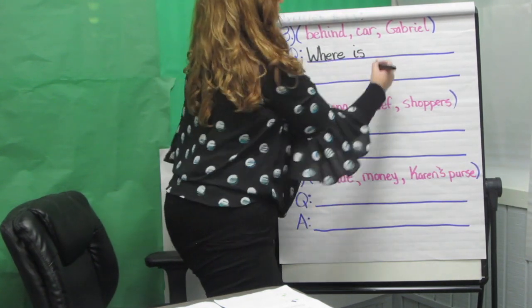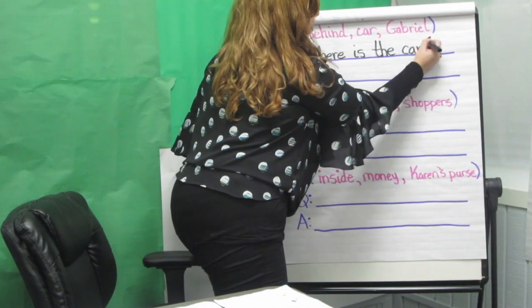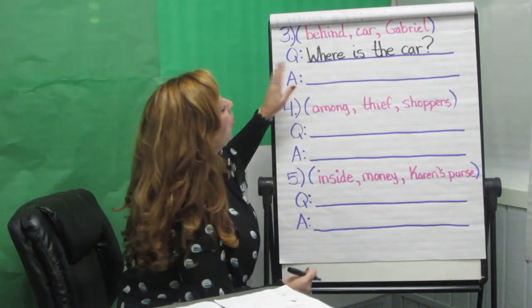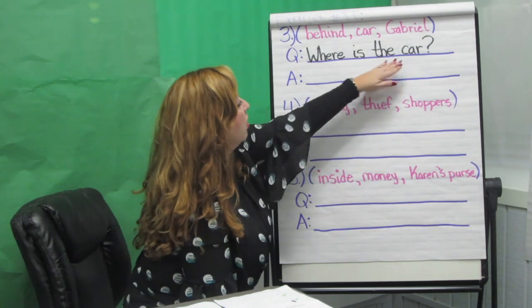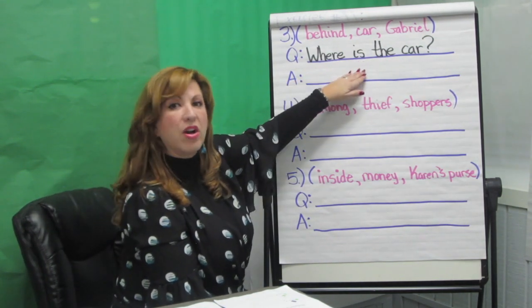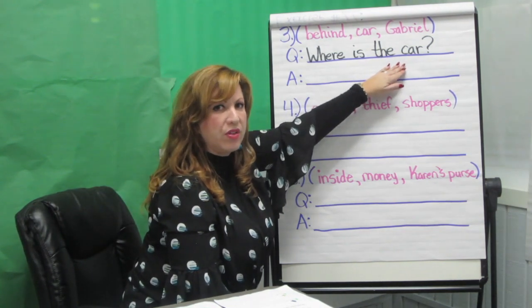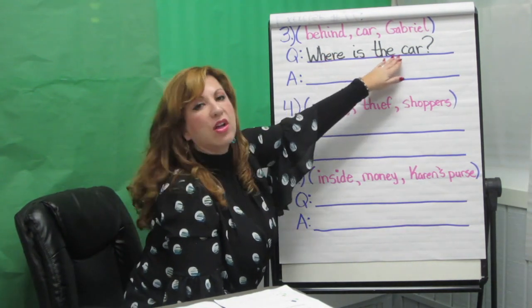Where is the car? Question mark. Where is the car? Again, we started with our question word where. Is our helping verb. The car is our noun, our subject of the question. Where is the car?